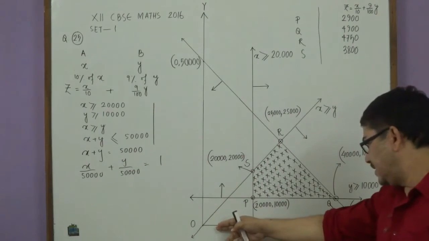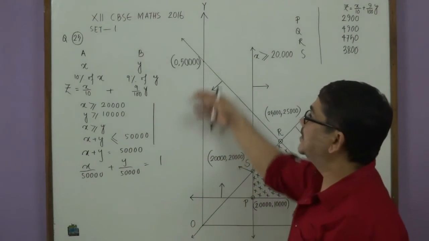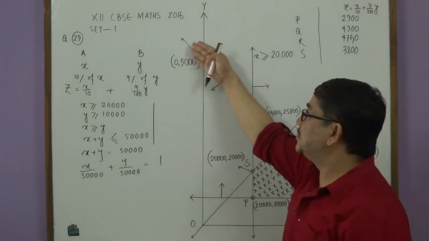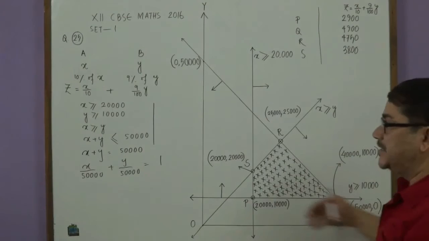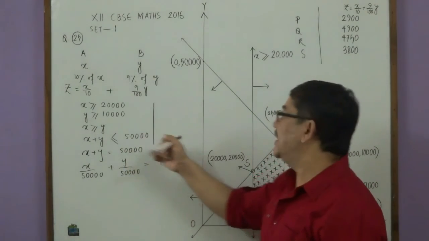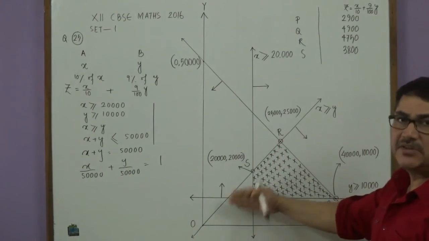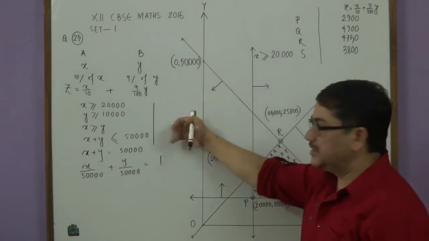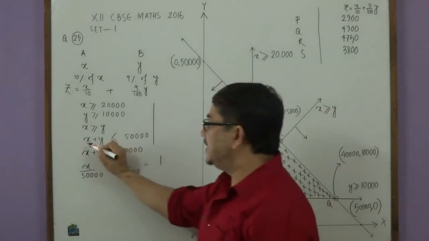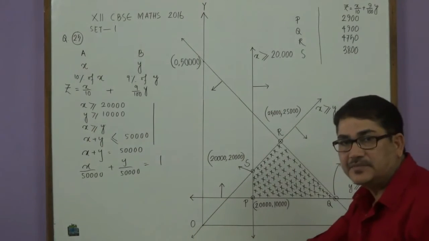The x intercept is 50,000 and the y intercept is 50,000. So this is the line representing equality. Then you verify which side represents the inequality. You can verify this side represents. So the graph of this inequality is this line as well as this side.